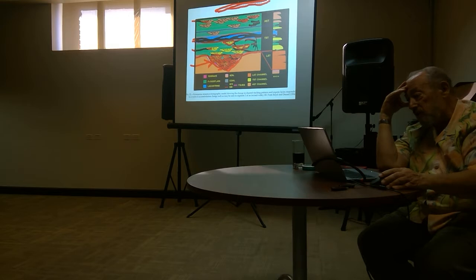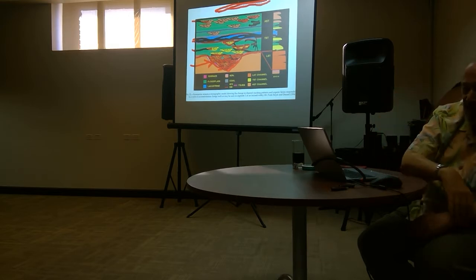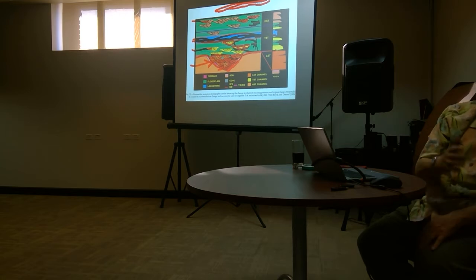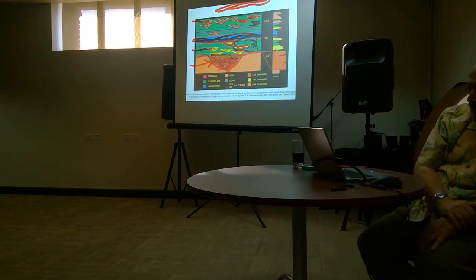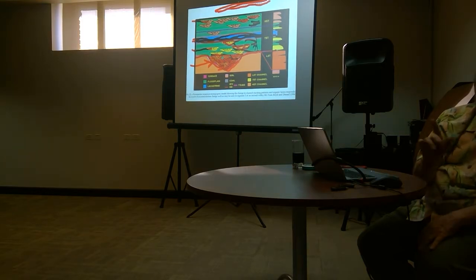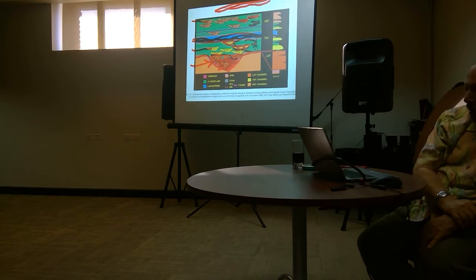And I would say that many of the fluvial deposits that one works with are incised valley fills. And once you recognize the log patterns, it's not difficult to identify these incised valley deposits.